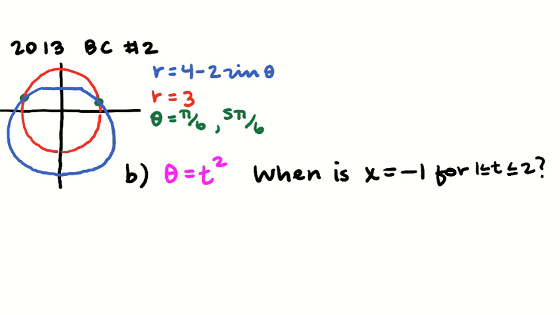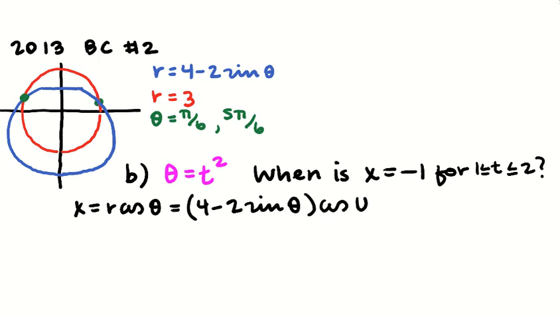So x along the blue curve is going to be equal to r cosine theta. Well, r is 4 minus 2 sine theta multiplied by cosine theta. Now they're saying that for this particular particle, theta is t squared.